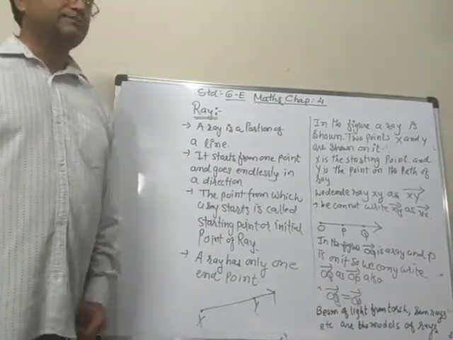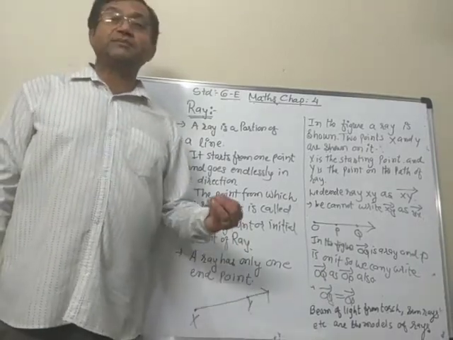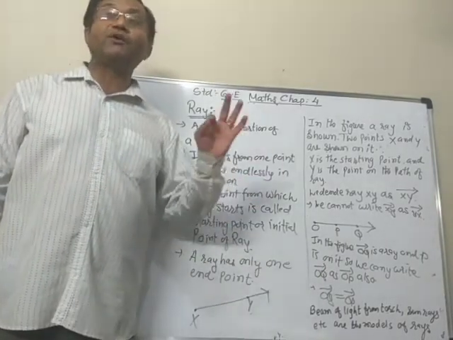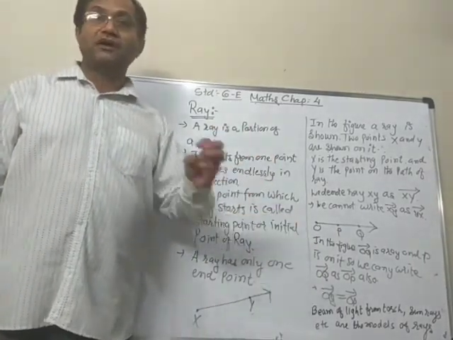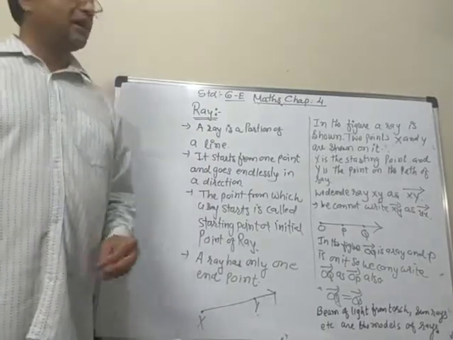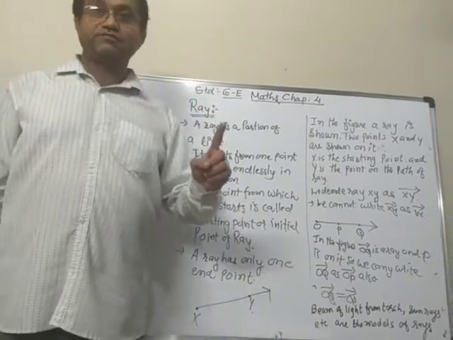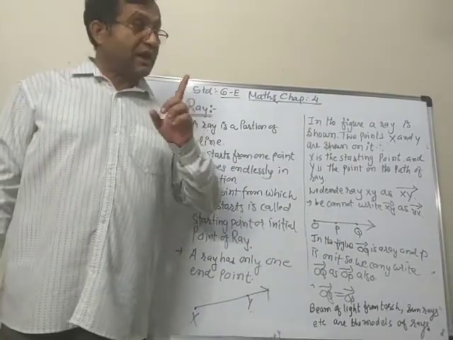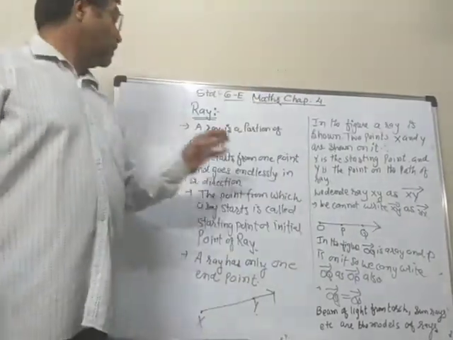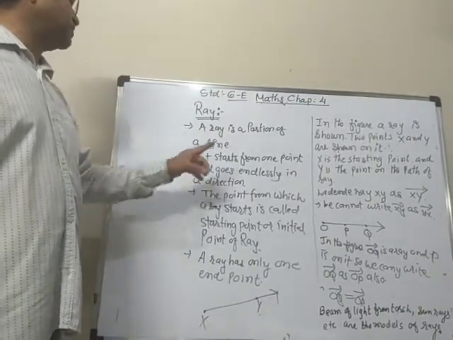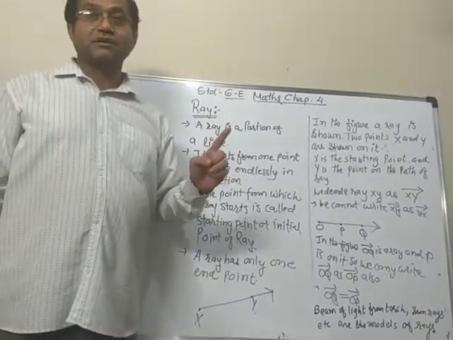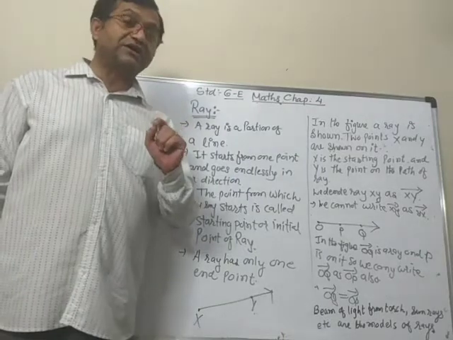What is a ray? A ray is actually a part or a portion of a line, and it starts from one point. It starts from one point and goes in one direction endlessly. In the line, what did we say?